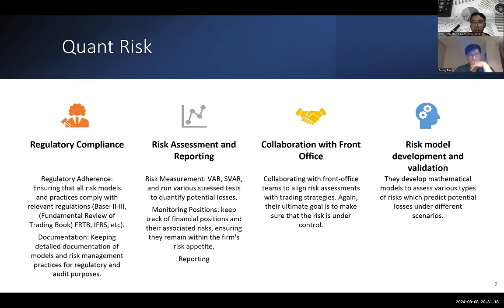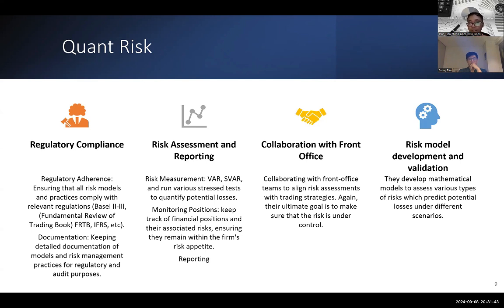And for the guys from middle office, the risk department, risk control is the most important thing. So they collaborate together to ensure that you can make very creative and good strategies, but you know how to control the risk out of it, right?